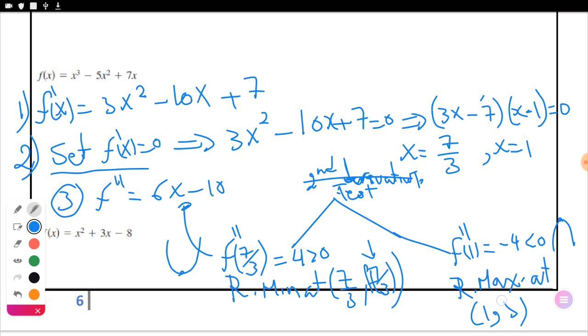You will find the coordinates of the point at which we have a relative maximum or relative minimum.